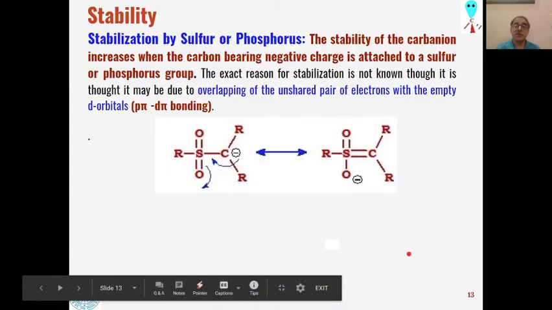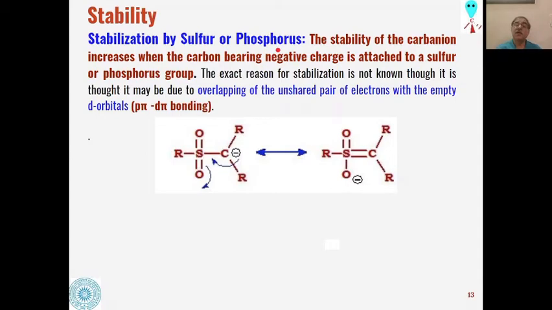Then, because of the presence of sulfur or phosphorus atoms, carbanions also become more stable. So the stability increases if the carbon bearing the negative charge is attached to a sulfur atom or a phosphorus atom. The exact reason is not known, but this may be because of p pi d pi bonding.